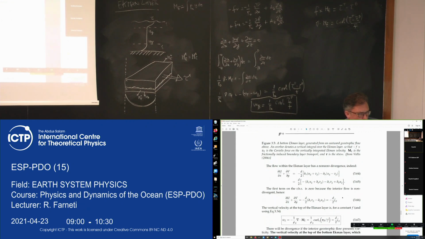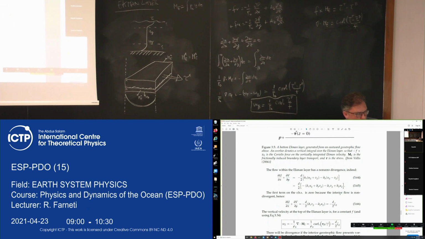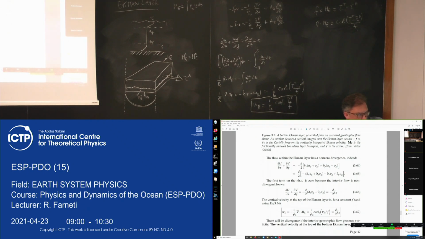If you want to look at the vertical velocity associated with this bottom boundary layer, you take again the continuity equation, you substitute for U and V, and you get to this expression, where this is the vorticity, the geostrophic vorticity of the interior of the flow.